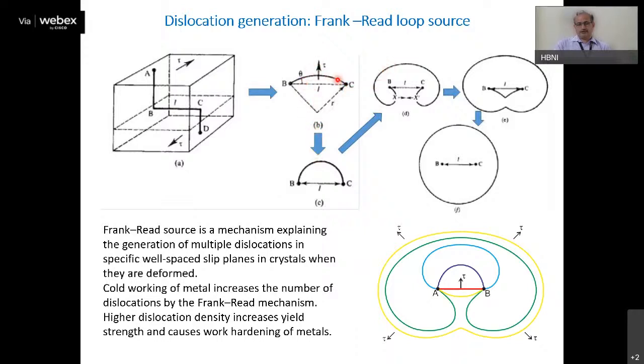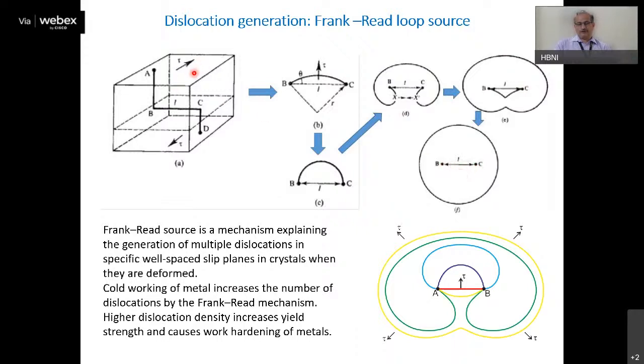This line is bent like this, becomes circular, then it is bent like this kind of structure. And then finally it reaches some value when this is a loop in itself. So this is a dislocation loop that is generated by the Frank source. And again, in the center, you will have this dislocation again.